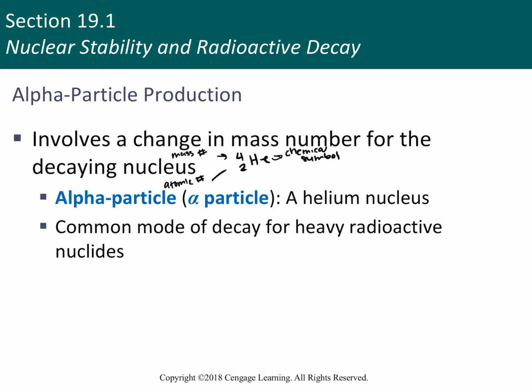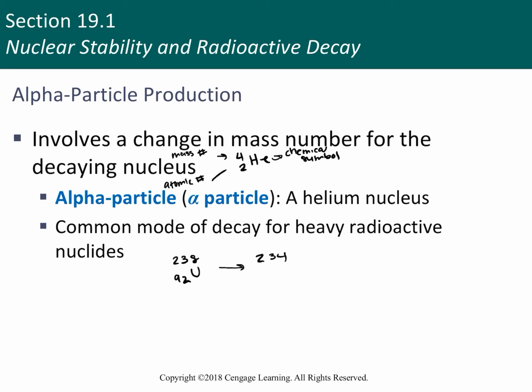When an element emits an alpha particle, the number of protons in its nucleus changes, transforming the element into a different element. We symbolize this through a nuclear equation, which is an equation that represents nuclear processes such as radioactivity. For example, our parent nuclide would be uranium. When uranium undergoes alpha decay, it loses 4 total mass numbers because the 4 represents 2 protons and 2 neutrons.